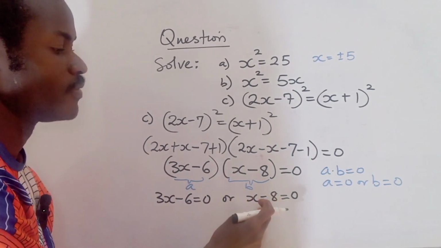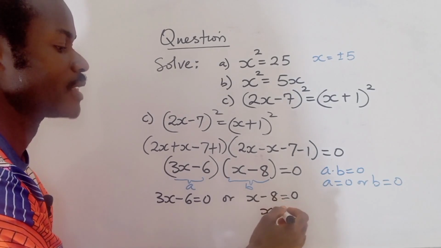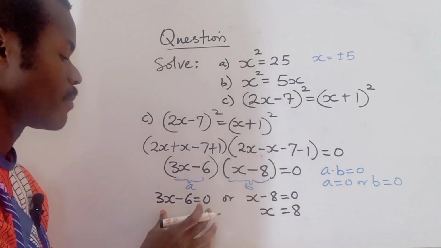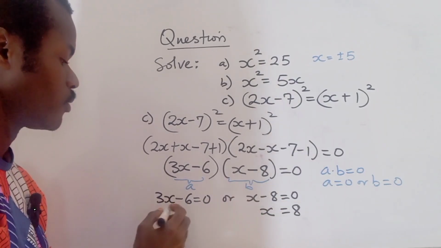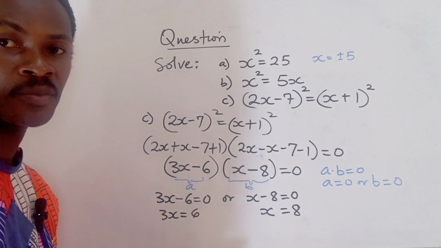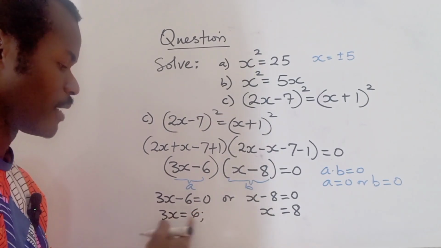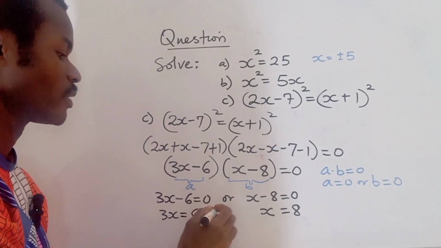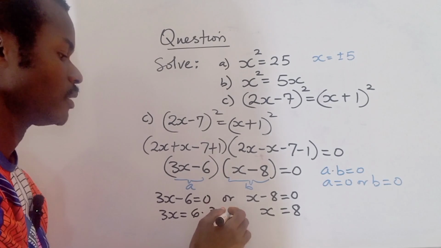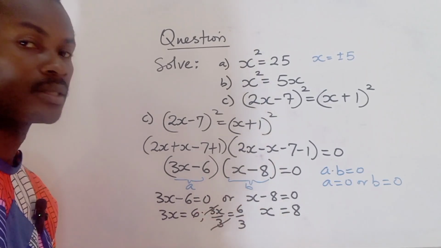Now from this, if I add 8 to both sides, I'll have x at the left-hand side equal to 8. What about this? If we add 6 to both sides, we have 3x is equal to what? 6. And from this, we can divide both sides by 3. So if I have 3x divided by 3 and 6 divided by 3, this will cancel out this.